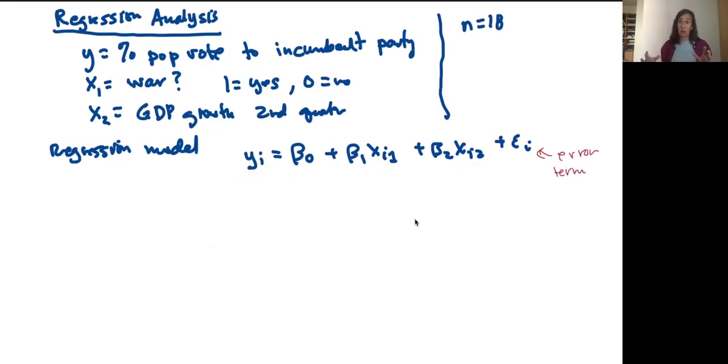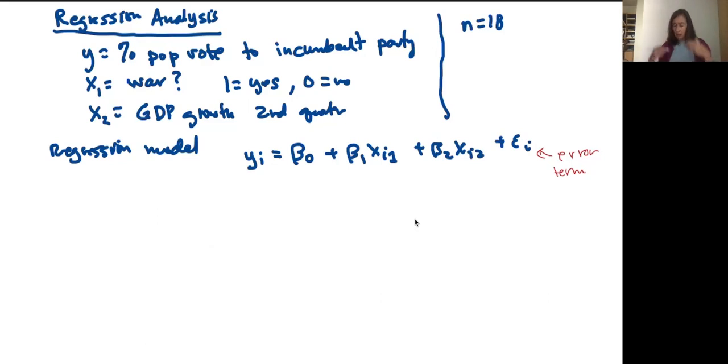This is the variables we don't observe, the things we haven't thought of, the totally idiosyncratic things. It might be measurement error in our data. It's all the stuff that is keeping our model from perfectly predicting the dependent variable. Okay, the epsilons aren't going to be super important for this example, but I'm putting them in because they're part of the regression model. All right.